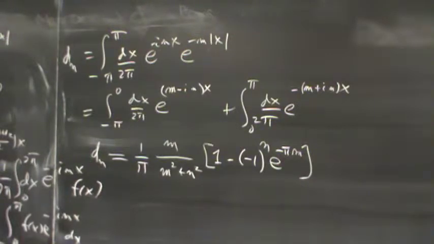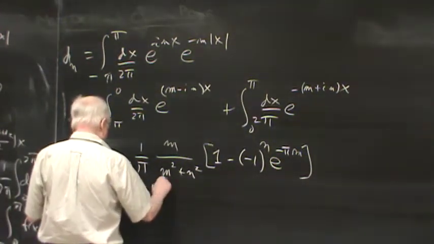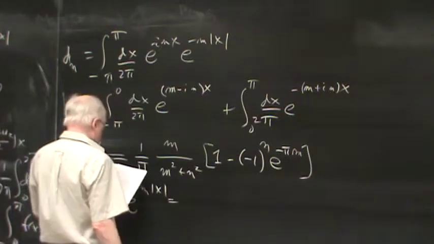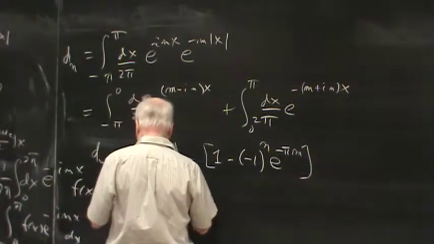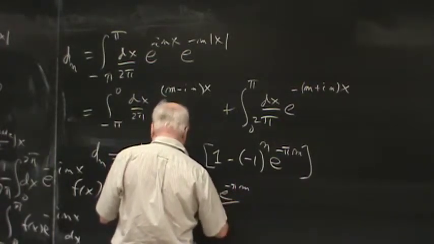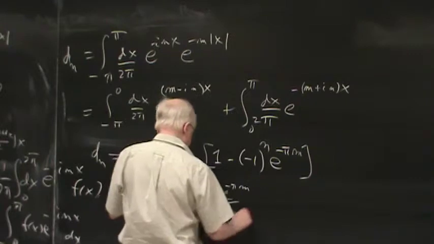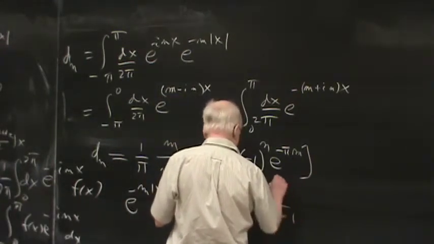Okay, so let me go on a little bit further. The actual series is e to the minus m absolute value of x, and if I skip a line here, this is 1 minus e to the minus pi m over m pi plus a sum n equals 1 to infinity.